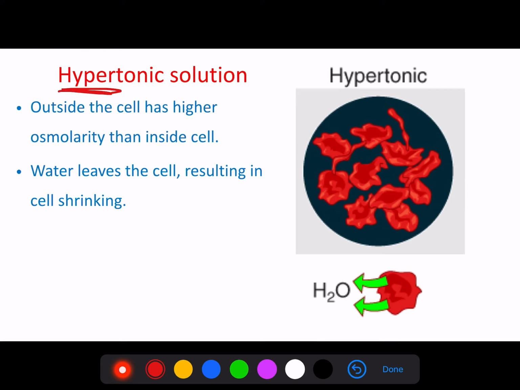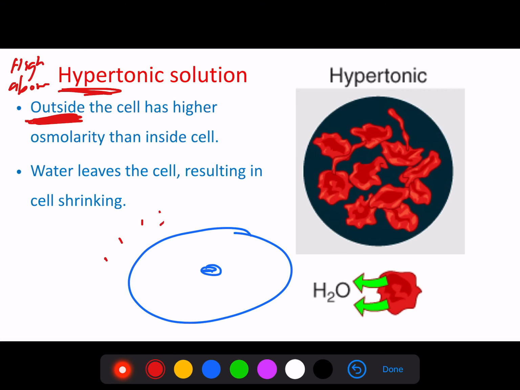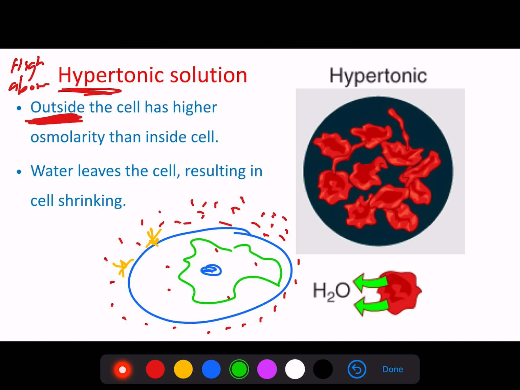The second type is the hypertonic solution. Hyper, as you know, means high or above, and it refers to the solutes outside the cells. So outside the cells, we have an extremely high concentration of solutes compared to inside. These solutes will try to come inside, but they will be denied by the plasma membrane. But inside we have water, and the water will start to leave.